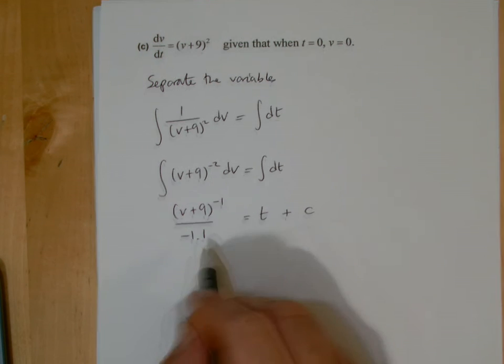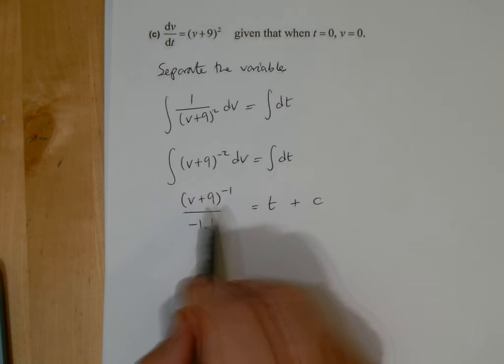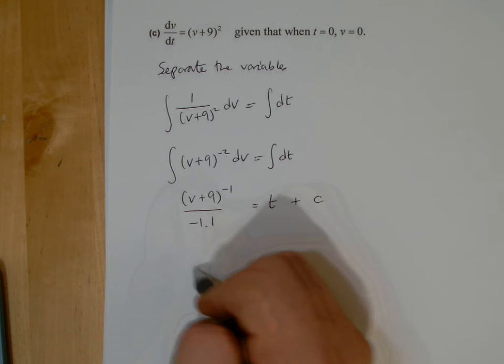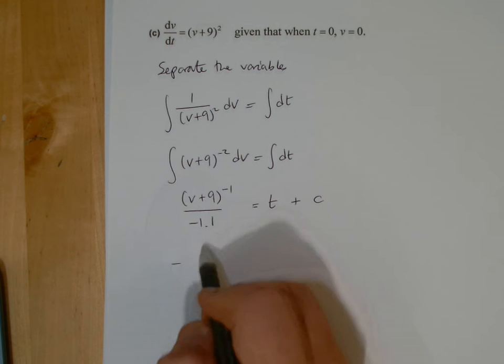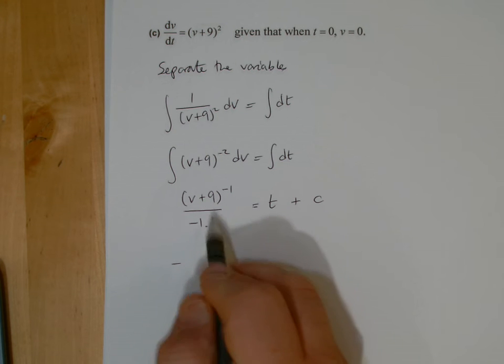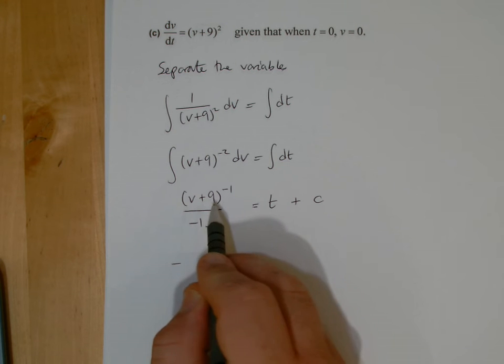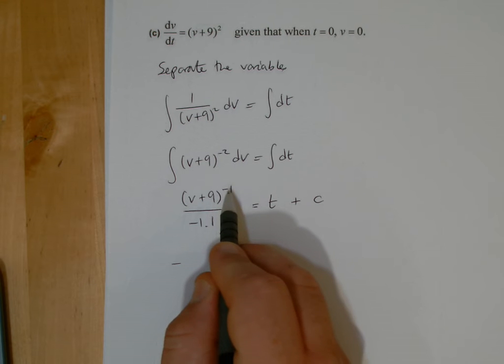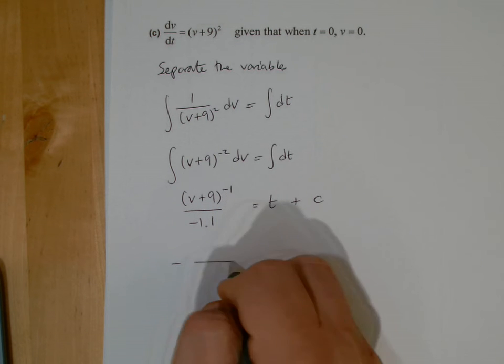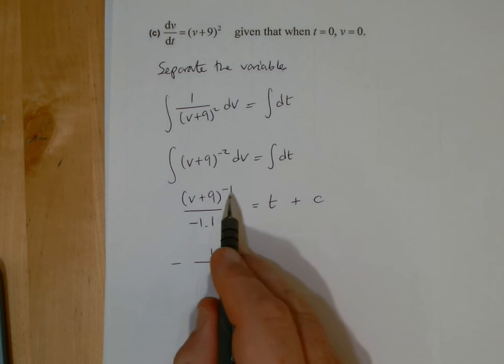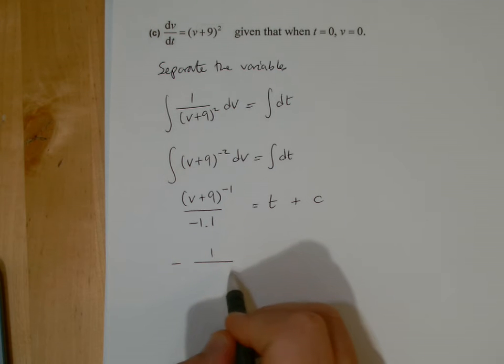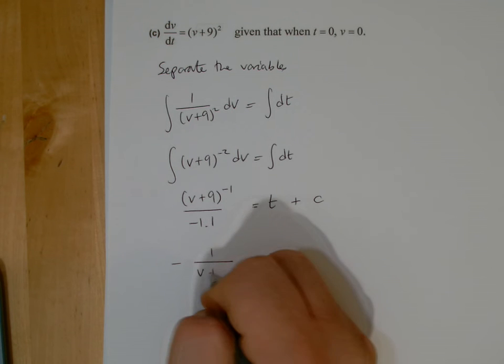Okay, so before I sub in the values here, let's just tidy this up a bit, put the minus in front, and it is 1 times 1, which is 1, (v plus 9) all to the power minus 1, so because it's a negative power, we can take it back down, and it'll be power 1 on the bottom, positive 1, so I'll just put v plus 9.